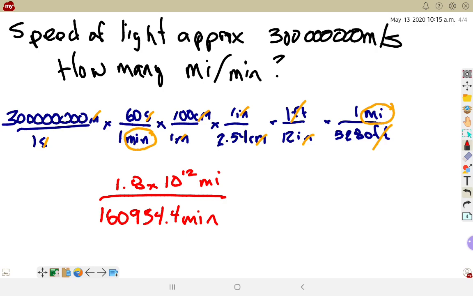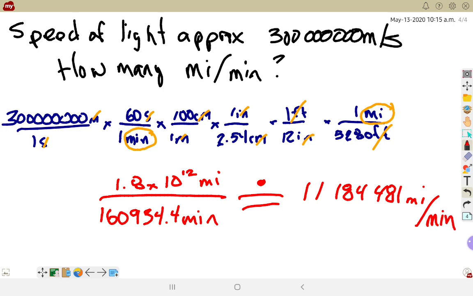So I know this one's not going to work out very nicely. So let's just round. And we're going to get 11,184,481 miles per minute, approximately. Okay, so I didn't need to know any difficult conversions. I just pick the simple ones I know and make sure that my units are canceling out.